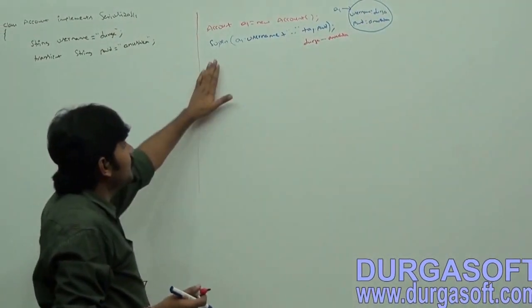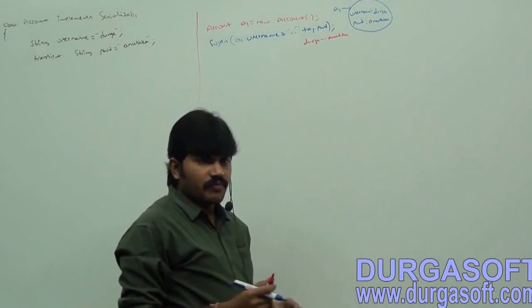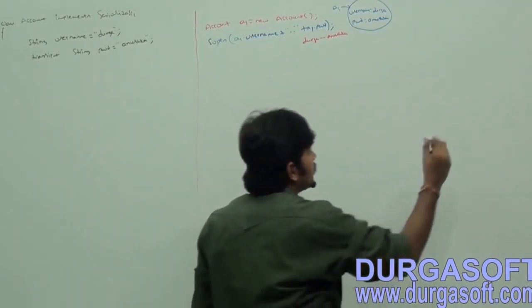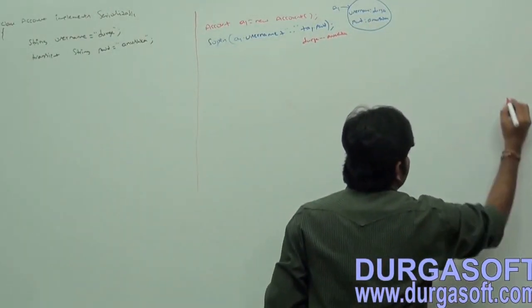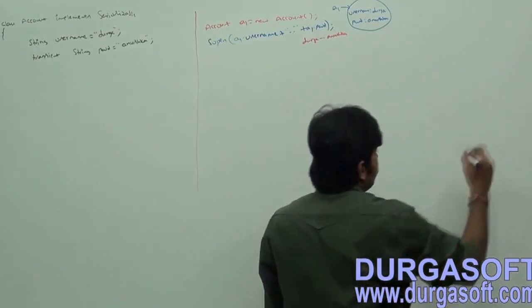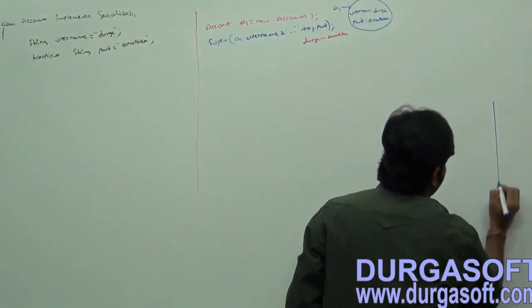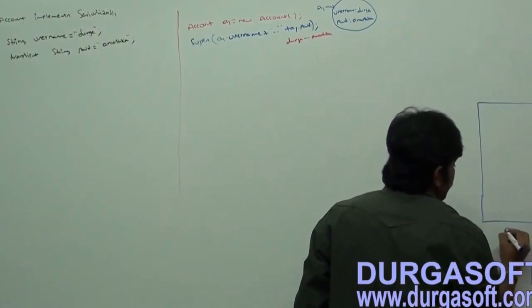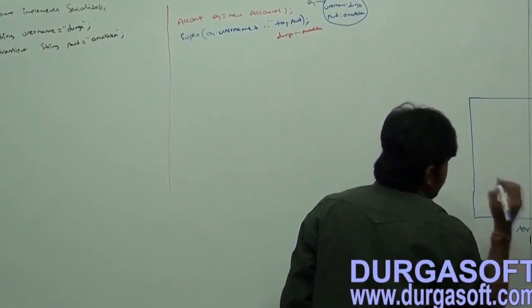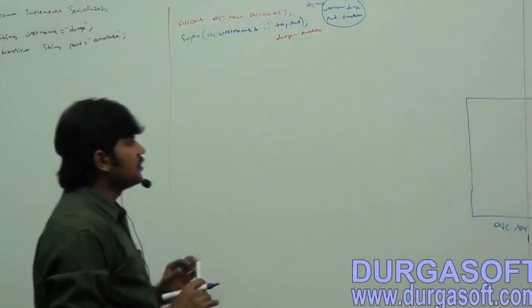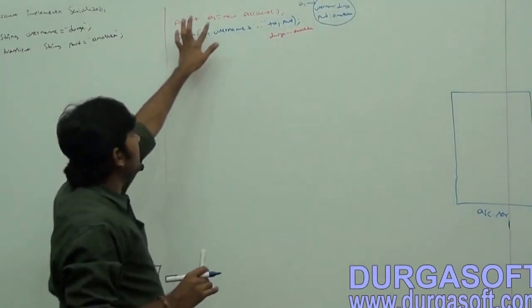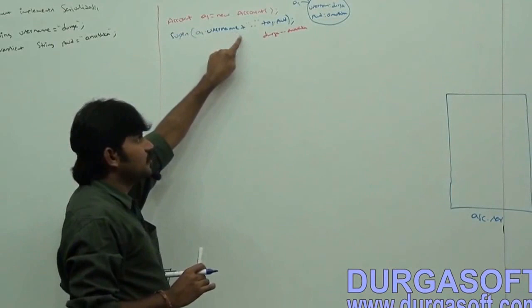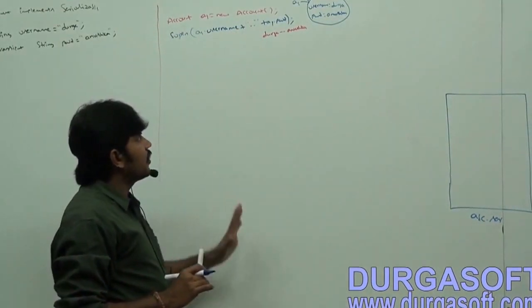Now let me serialize this object to the file. This is the file we have. The file name is abc.ser.